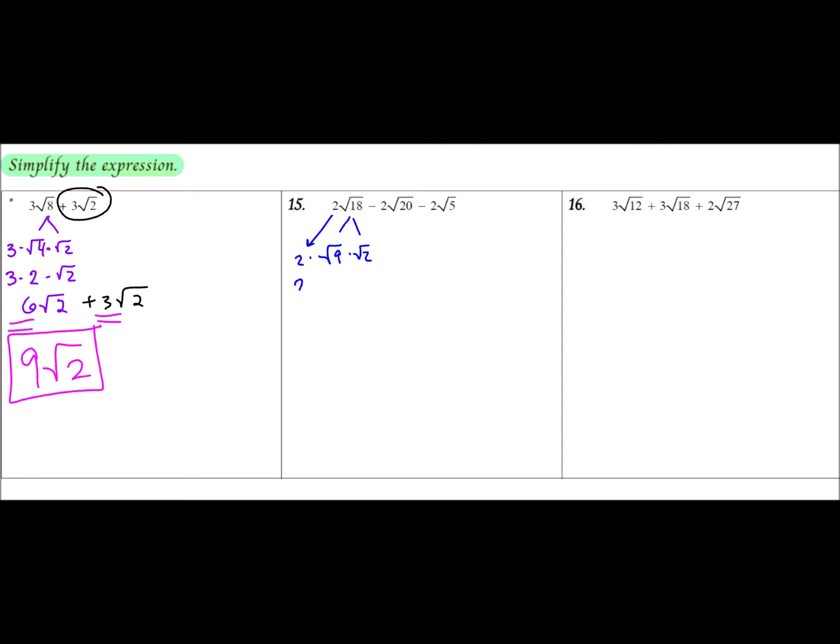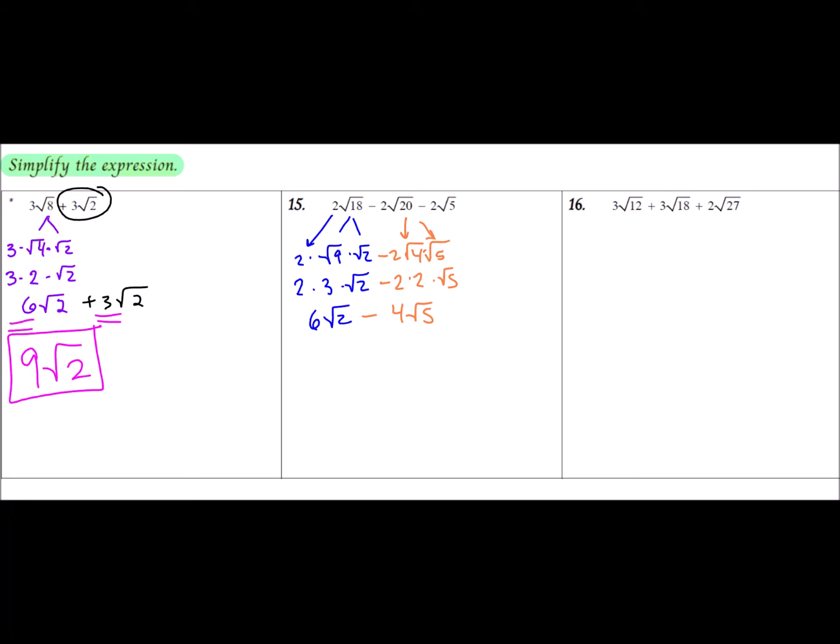So this is going to turn into 2 times 3 times rad 2, or 6 rad 2. The middle one, notice there's a minus, so I'm just going to put a minus 2 right here. This can be broken down into rad 4 times rad 5. So when I do the math here, this is negative 2 times rad 5 minus 4 rad 5.